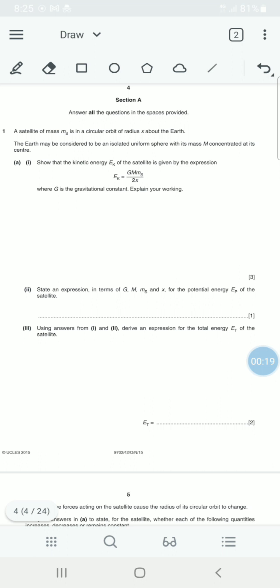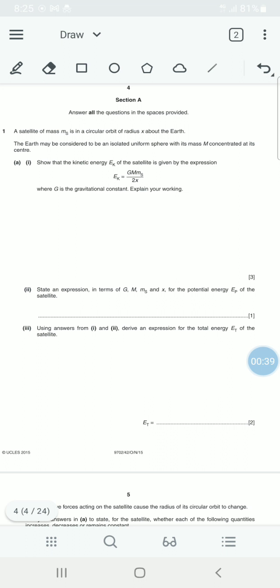Before we go to proving this, we need to understand what provides the force required for the satellite to go into orbit.